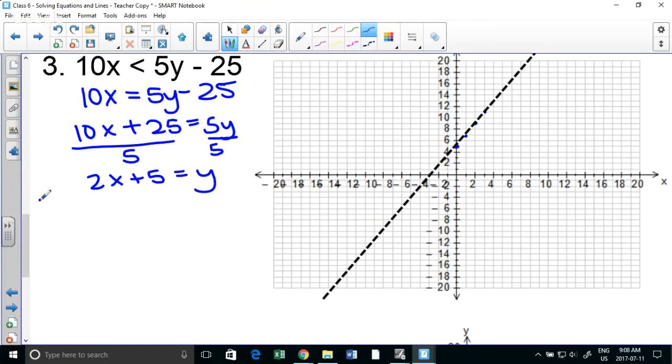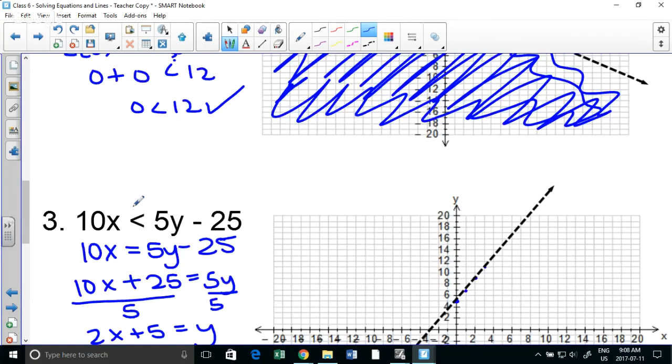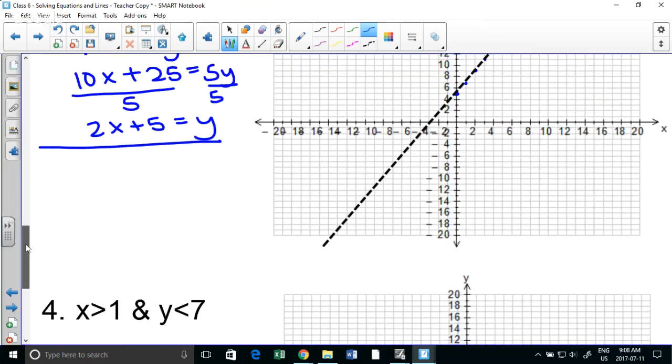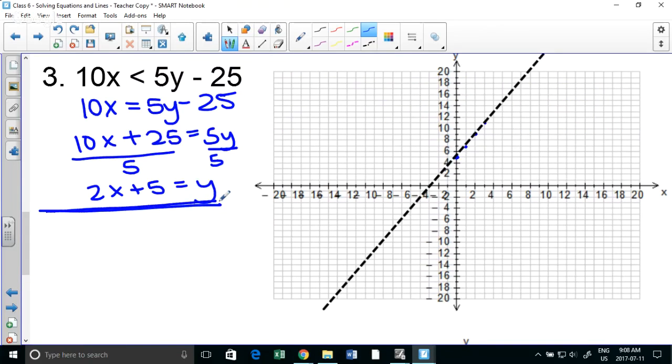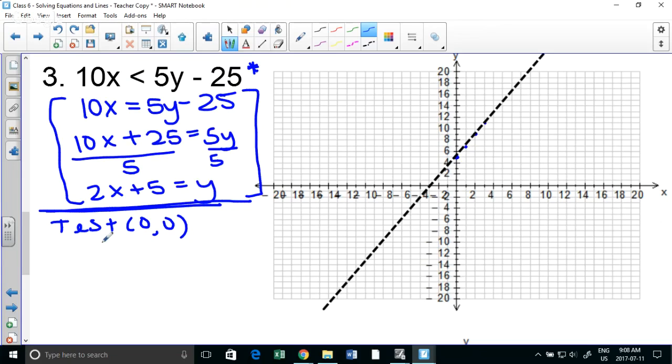Now, do not always go back and test your original equation. Don't use what you manipulated. That is kind of a side note that just helps us graph, but it has nothing to do with my work. So when I test 0, 0, I'm testing it in the original. So I get 10 times 0. Is this less than 5 times 0 minus 25?